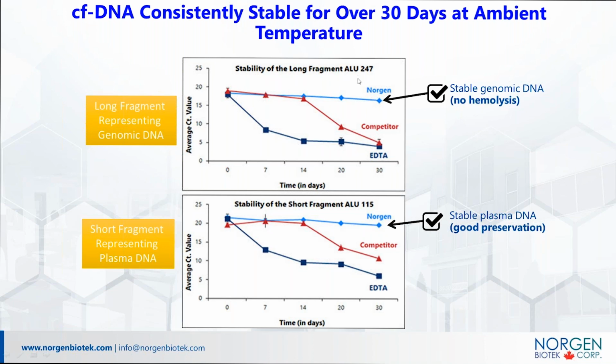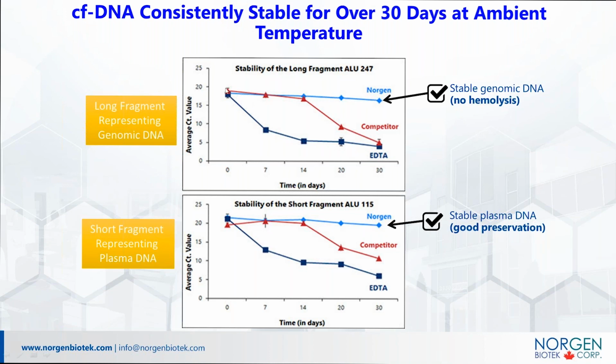The same thing with the long fragment, 247 base pairs. The Norgen amplification for this fragment remained fairly constant for 30 days, which means there is stable genomic DNA, no genomic DNA release and no hemolysis. Whereas with the EDTA tubes, the genomic DNA started to increase, therefore the CT value started to decrease.